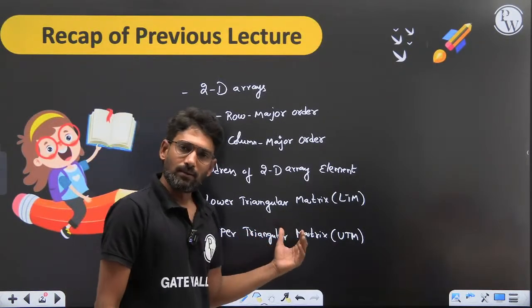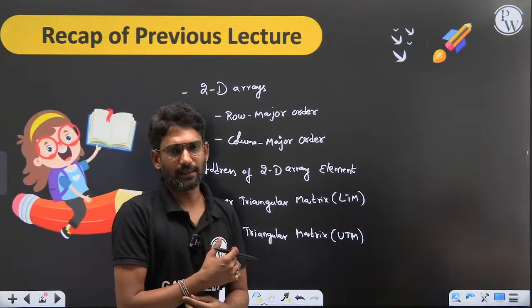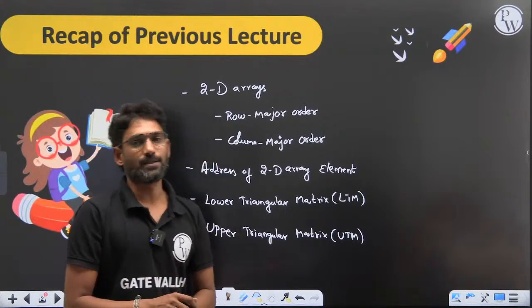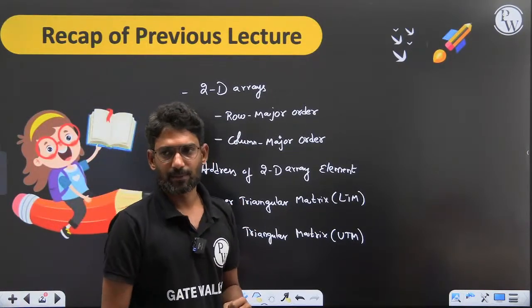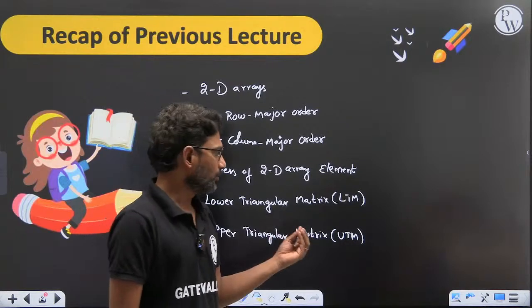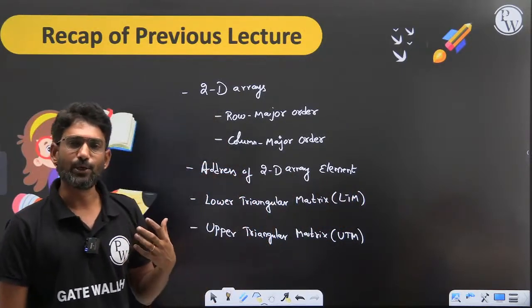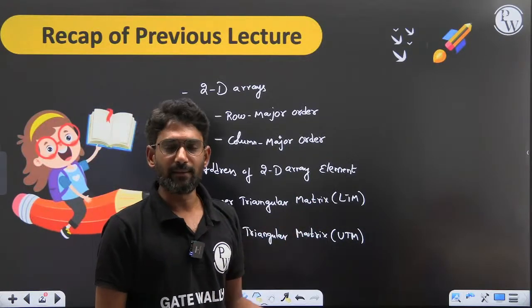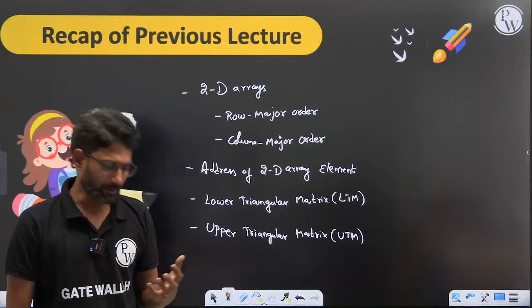And the opposite, above the principal diagonal including diagonal elements, if they are non-zero, then we call it an upper triangular matrix. And how we will represent this LTM and UTM, and how we print LTM elements and UTM elements, we have discussed, right?